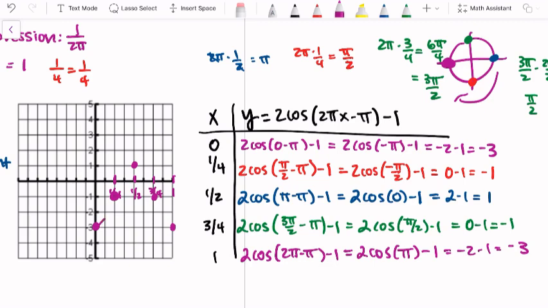And since it's periodic, I'm going to have the same thing on the other side, something like this, and then arrows on the ends.